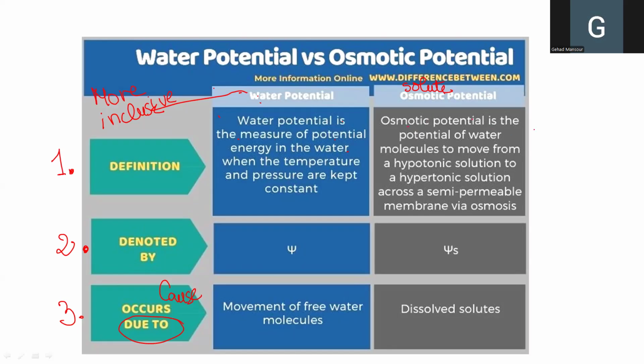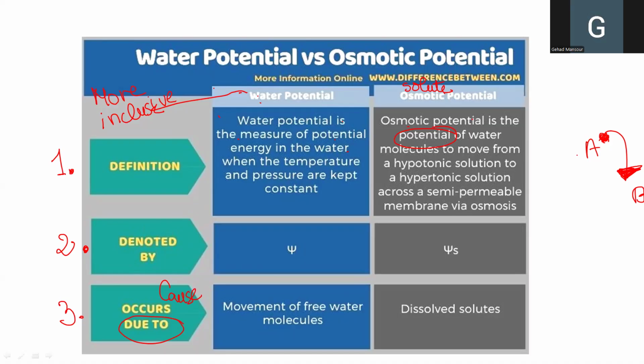So osmotic potential is just the ability, the possibility of water being able to move from side A to side B, triggered by the presence of solute particles on side B. So osmotic potential is the potential or the ability of water to move from a hypotonic solution to a hypertonic solution.